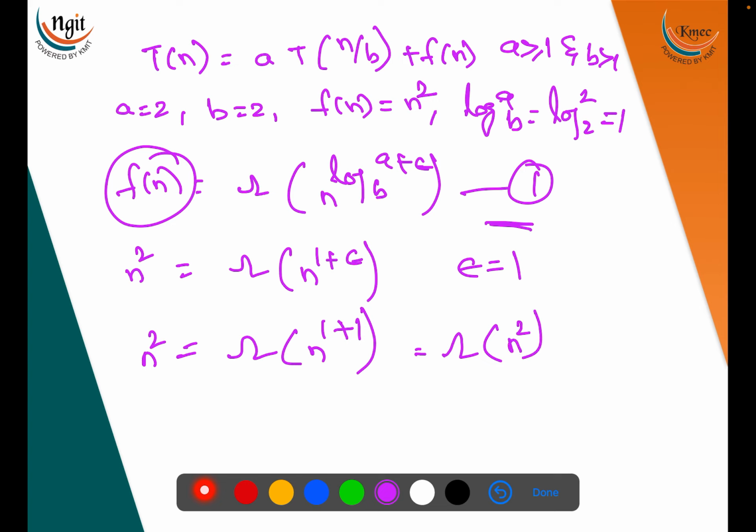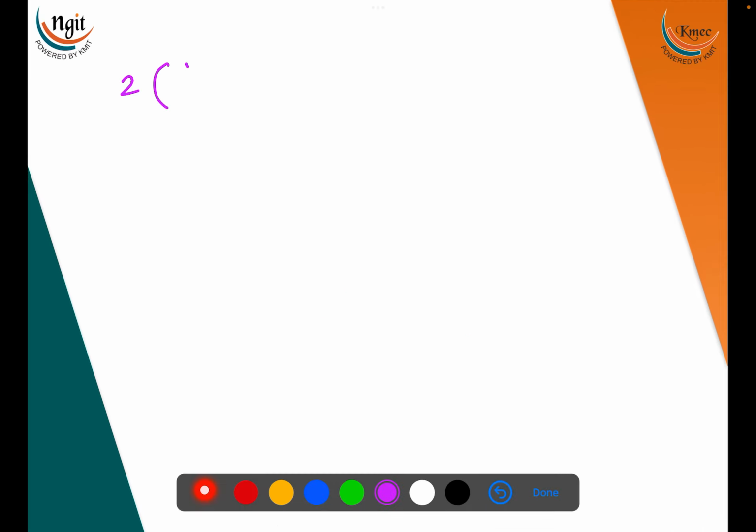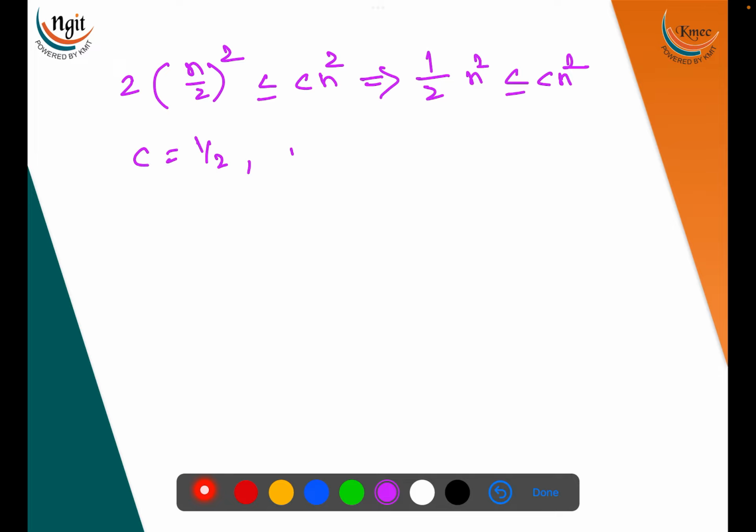Now we will also check the second condition. 2 into (n/2) whole square is less than or equal to c n square, if and only if 1/2 n square is less than or equal to c n square. If we choose c equal to 1/2, it is true: 1/2 n square is less than or equal to 1/2 n square for all n greater than or equal to 1.